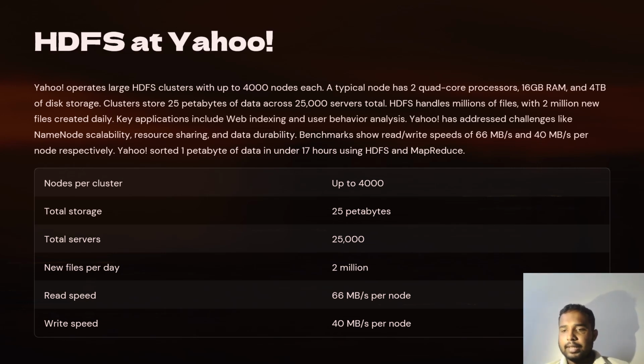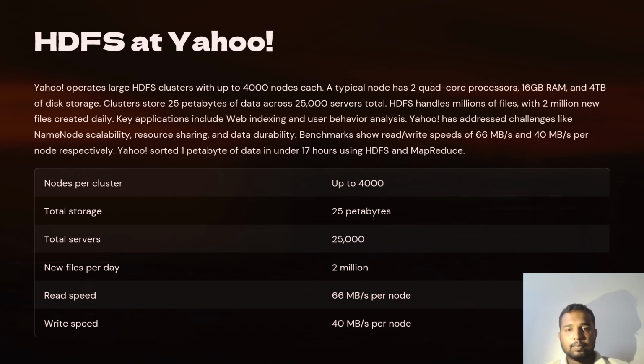Benchmarks show read and write speeds of 66 MB and 40 MB per node respectively. Yahoo sorted 1 petabyte of data in under 17 hours using HDFS and MapReduce. Nodes per cluster, total storage, total servers, new files per day, read speed, write speed.